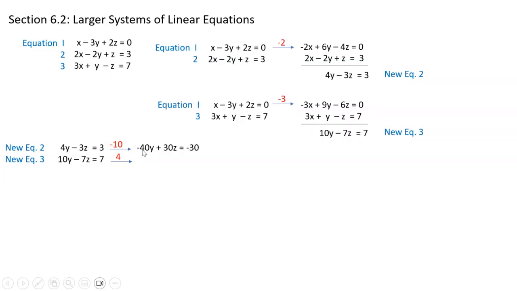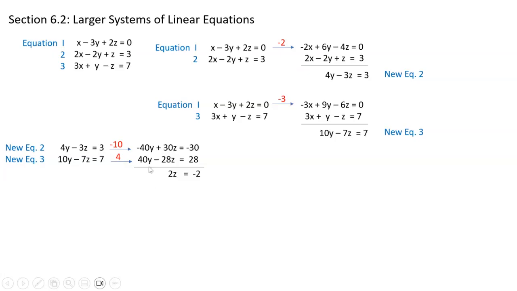So negative 10 times 4 gives us negative 40y. Negative 10 times negative 3z gives us positive 30z. Negative 10 times 3 gives us negative 30. 4 times 10y gives us 40y. 4 times negative 7z gives us negative 28z. And 4 times 7 gives us positive 28.